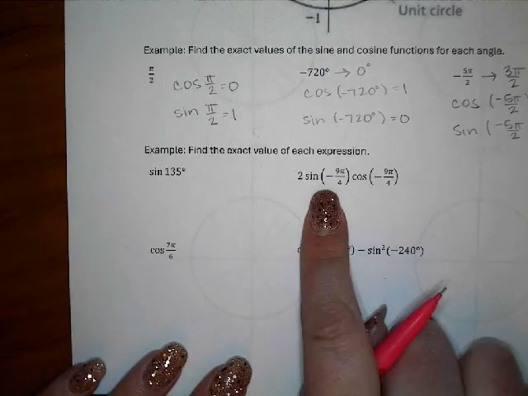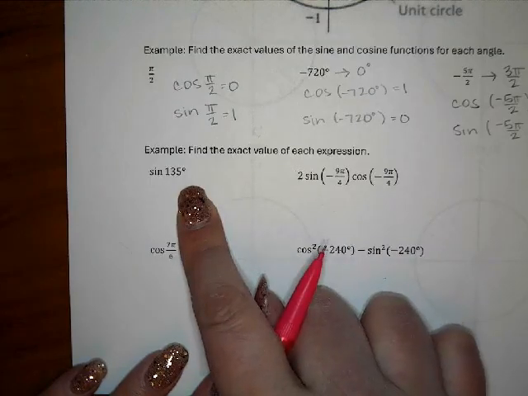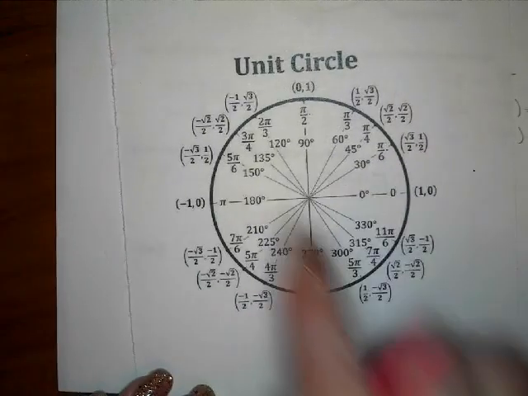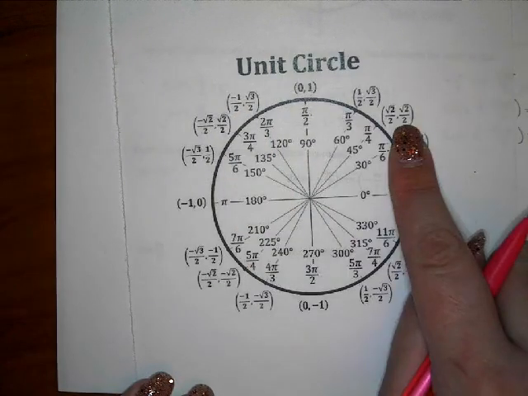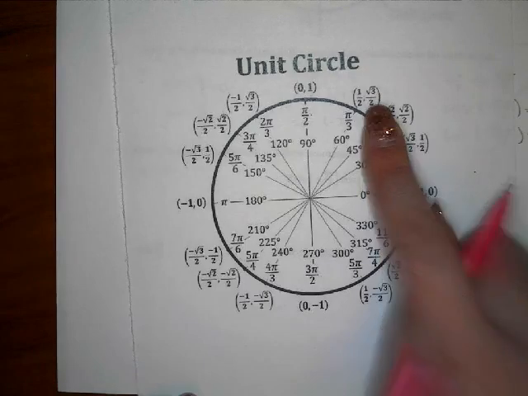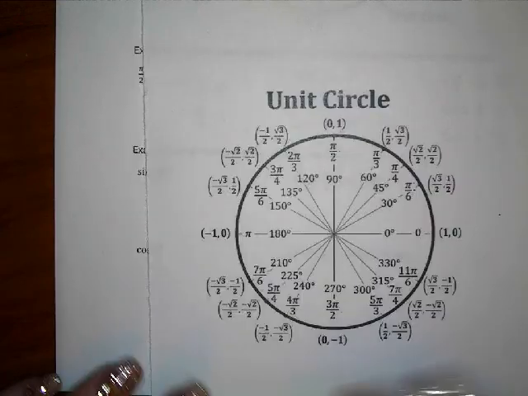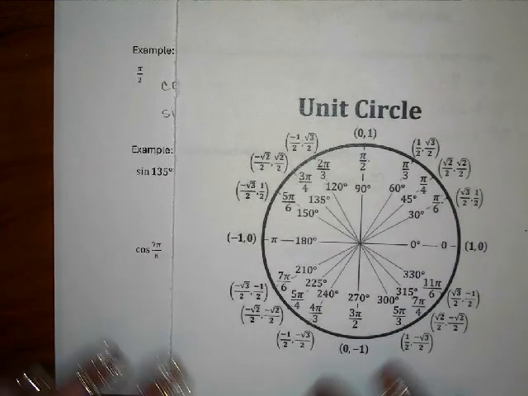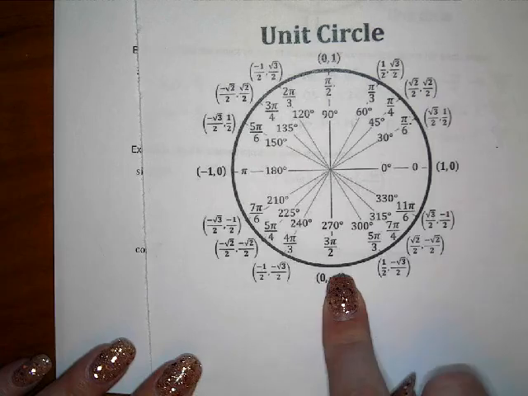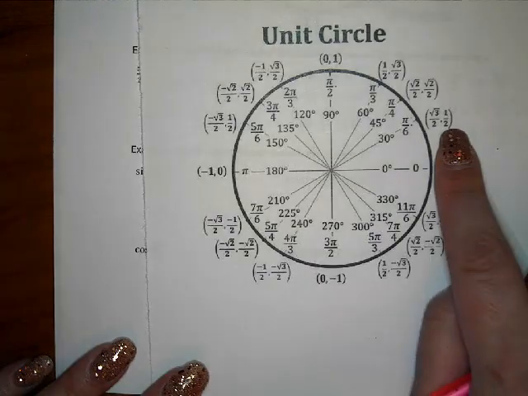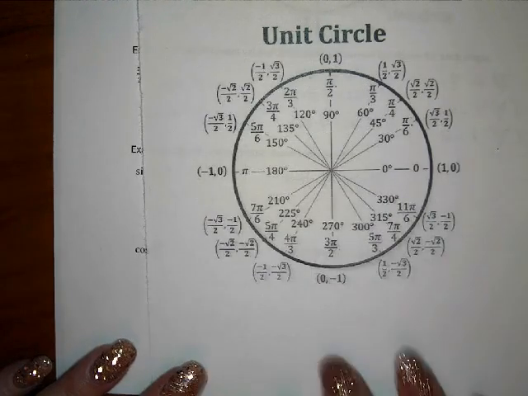Now some of these are not going to be quadrantal angles, and so these are going to have those other ratios where we have 1/2 or root 2 over 2 or root 3 over 2. One thing that is good to know about the unit circle that can help you as you start to memorize it, because eventually we want to have all of these numbers in our brains: 1/2 as a decimal is the smallest number.